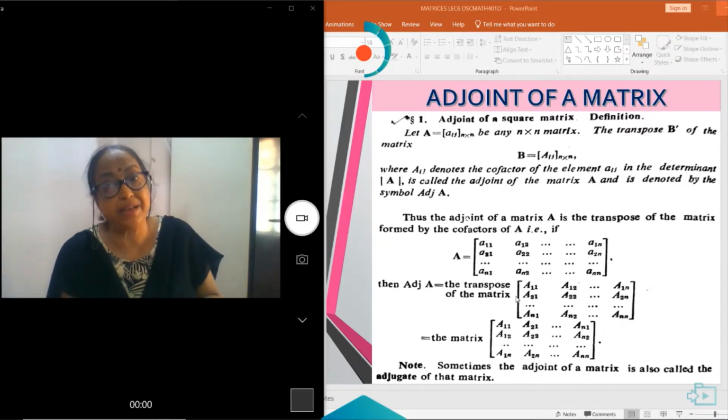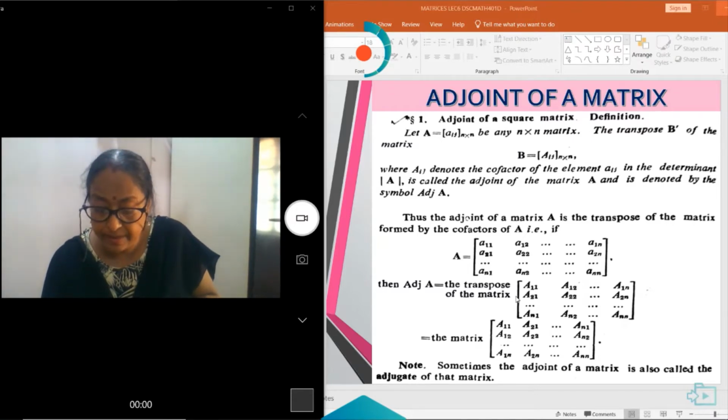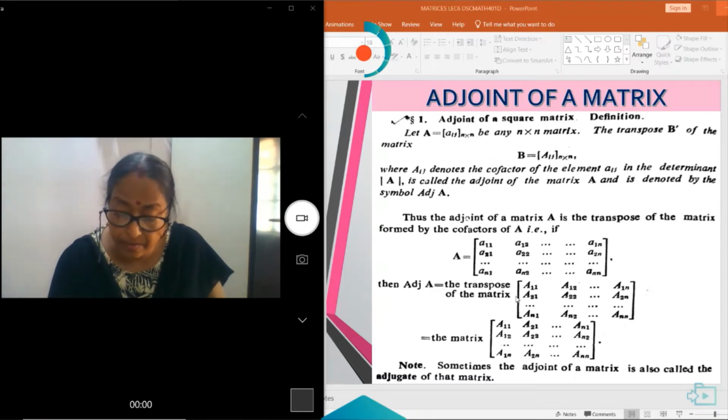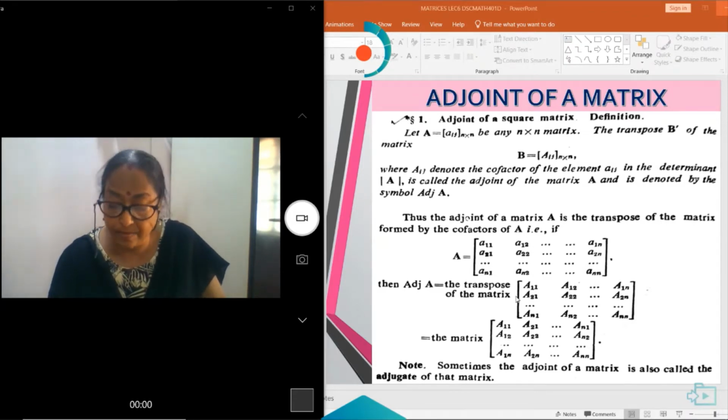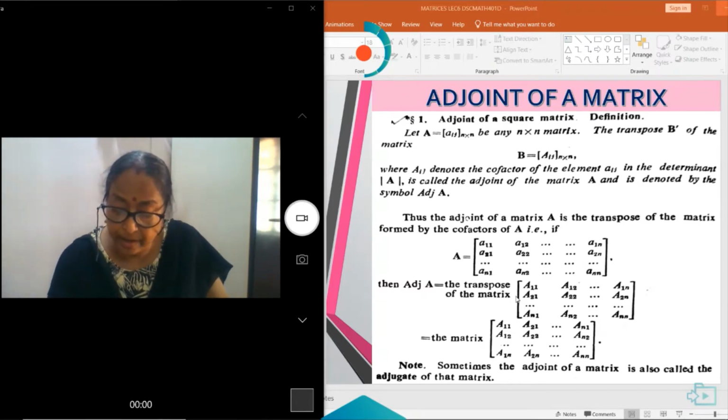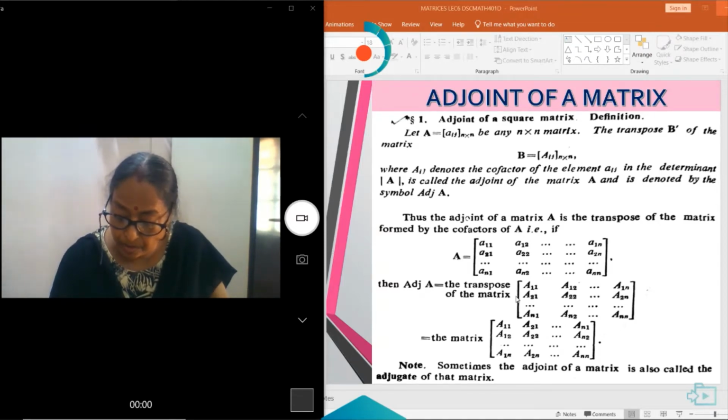Again, we will explain it broadly. See, A is equal to A11, A12, A1n, and next one is A21, A22, A2n. Similarly, An1, An2, Ann is a square matrix. Now, adjoint A is equal to the transpose of the matrix of cofactors.